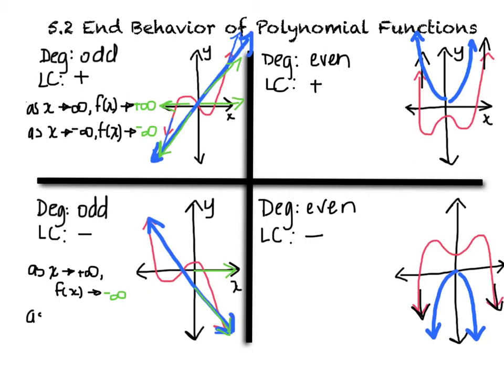The other one is as x approaches negative infinity, my function approaches what? As x gets smaller, my graph is actually increasing, so it would approach positive infinity.